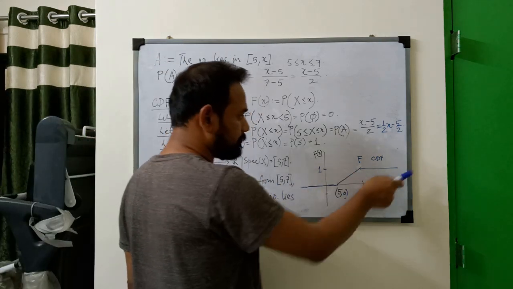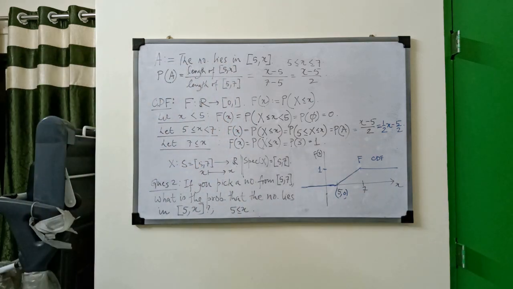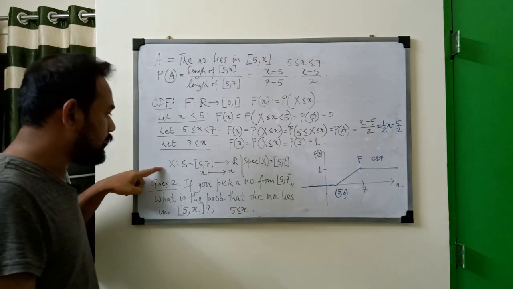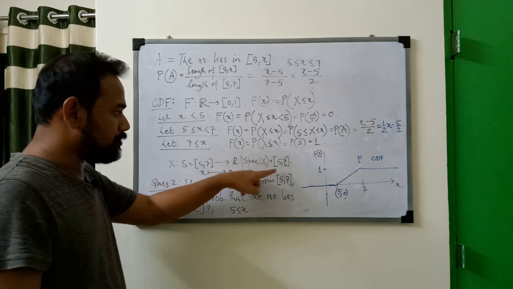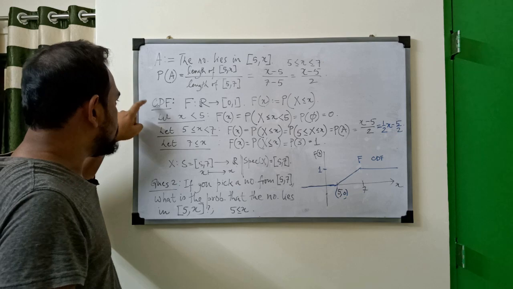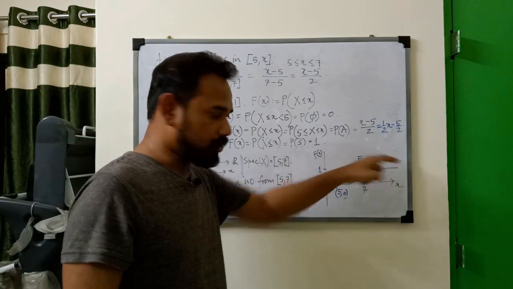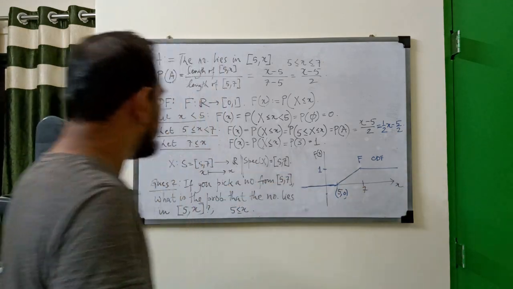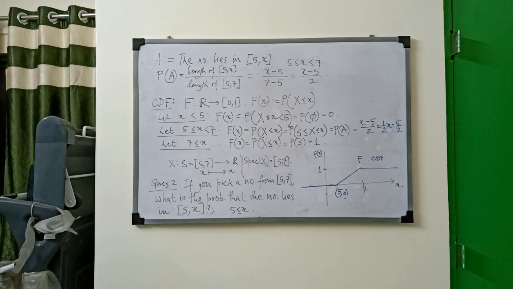It's a continuous line. And that's why this random variable that we're dealing with, whose spectrum is not a discrete set, and because its CDF turns out to be a continuous function, we will call this random variable X a continuous random variable.